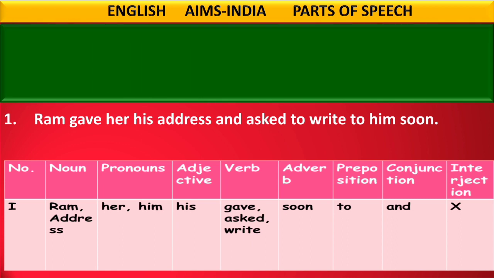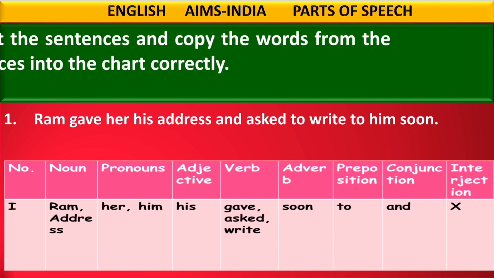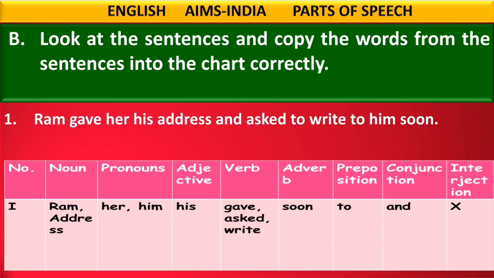Then see, here you are able to see a table where in each column we have mentioned the parts of speech. And here we have a sentence, and from this sentence you have to select the words and write them under the respective columns. Here, for example, it is already done for you.